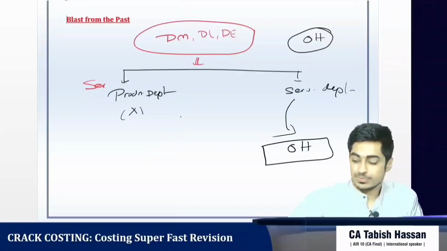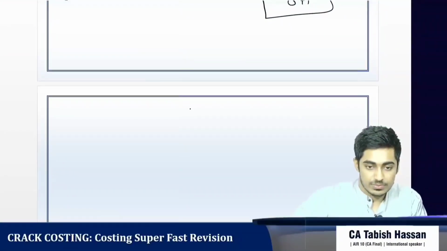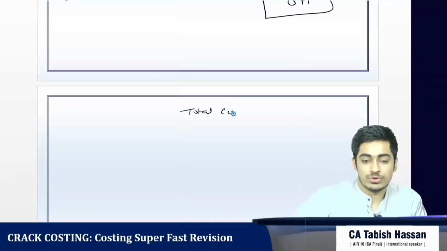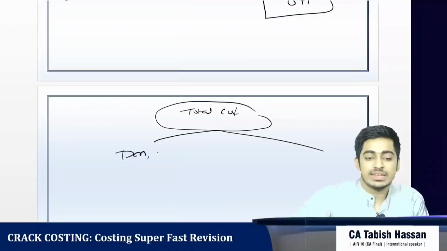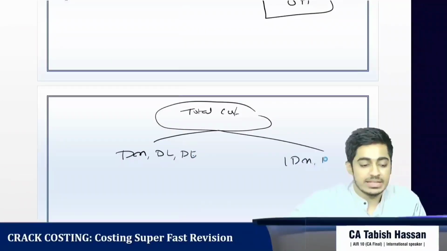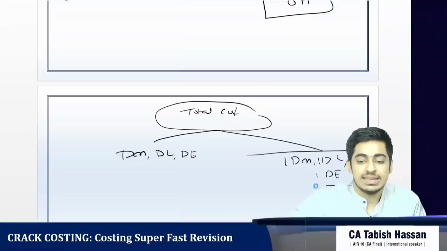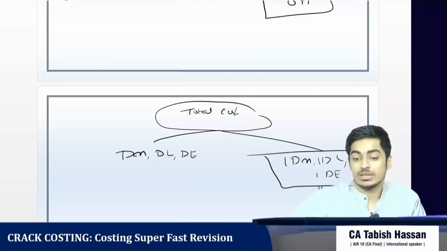So the total cost will bifurcate into 2. First we have the direct material, direct labor, direct expenses. Then we have the indirect material, indirect labor, indirect expenses. Indirect material, indirect labor, indirect expenses is anyways overhead, so it will be included in overhead.